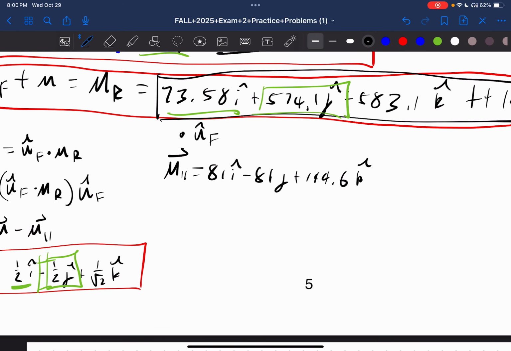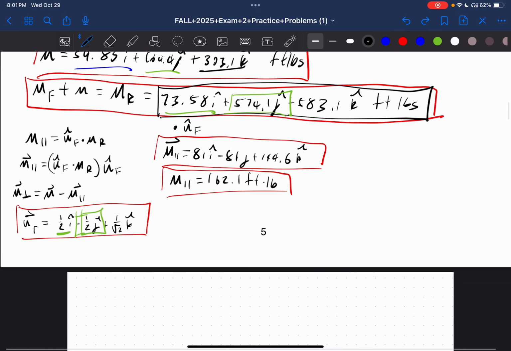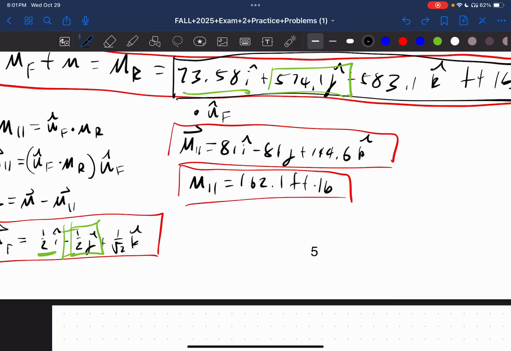When we do the dot product first, we're actually going to get 162.1 foot-pounds. This is what we will get, actually. And then once we get this, we multiply this by the direction, and we're going to end up with this. So basically, take the moment resultant, dot product it once and then multiply it. It's pretty simple.